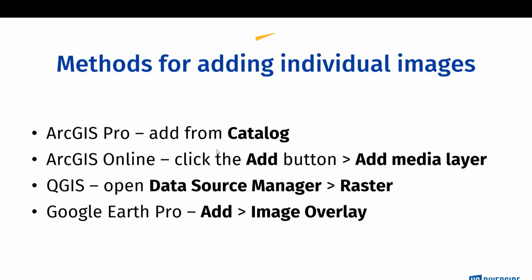So again, it's not intuitive, and you do have to learn a little bit about what each platform calls things in order to do the same basic function. So you can imagine it gets even more complicated when we get to the analysis part as far as what they call it and where you would go in the GIS to find the tool to do the thing. It would be great if I could just tell you this is how it works no matter what GIS you're using, but that's just really not the case.